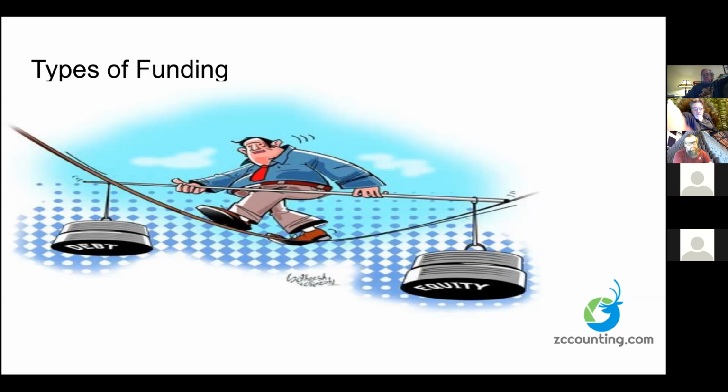But I think at seed stage and early on, there's so many free resources around town to learn about financial modeling, to learn about accounting, to learn about what investors are looking for. There's probably some great people. I can name a handful of people that I think do a great job trying to help startups. But there's also ones that I think are taking advantage of startups.